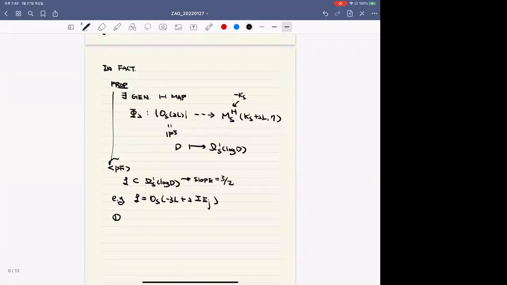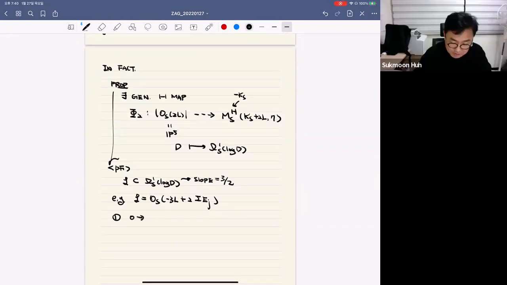Okay, thank you. And then first, we can obtain the following exact sequence: O_S(minus 3L plus 2 sum of E_J), omega S 1 log D, and the ideal sheaf of a point twisted by 2L minus sum of E_J, to 0, right?